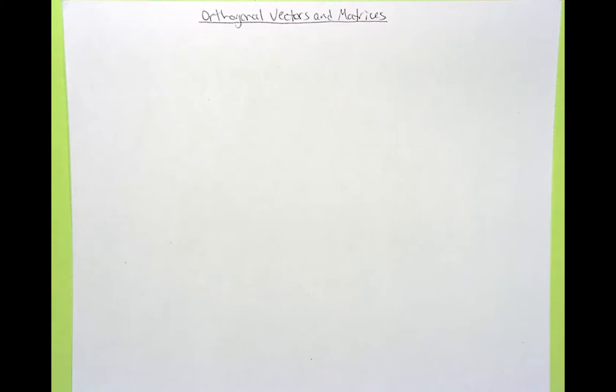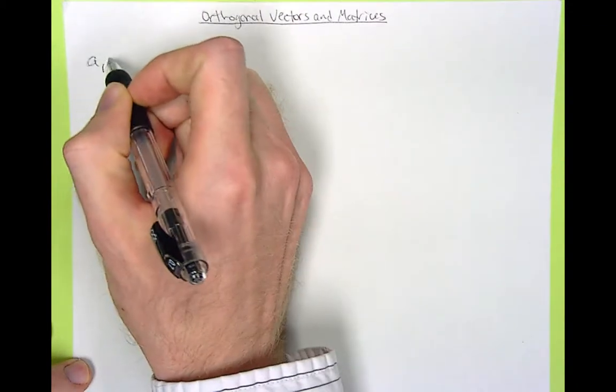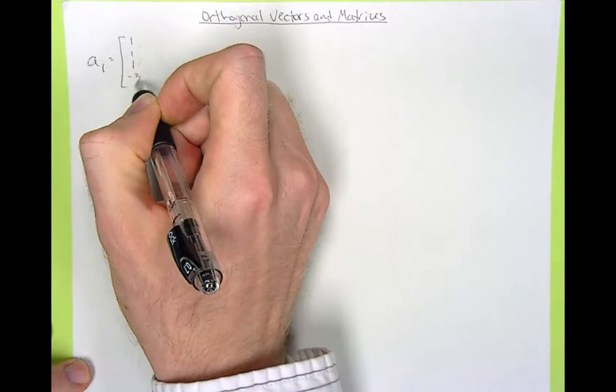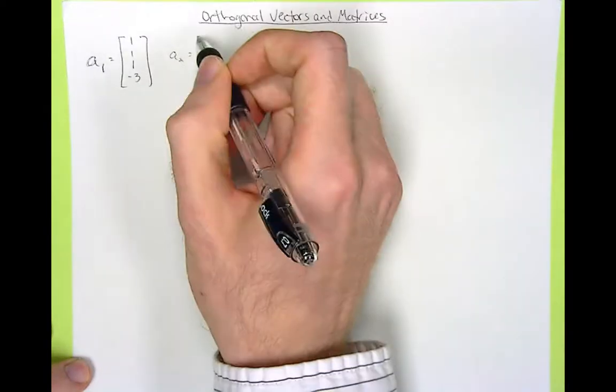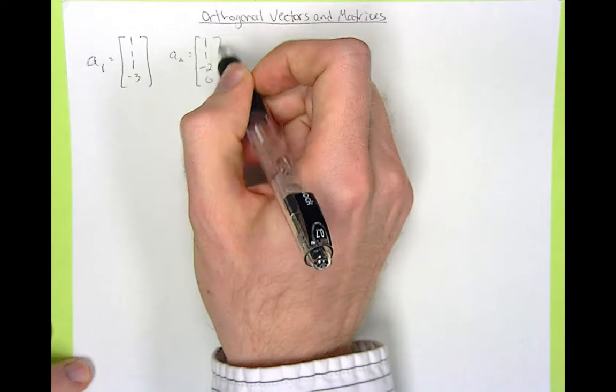So we're going to consider an example using three column vectors a1, a2, and a3. And we're going to have a1 be equal to 1, 1, 1, negative 3. a2 is 1, 1, negative 2, 0.